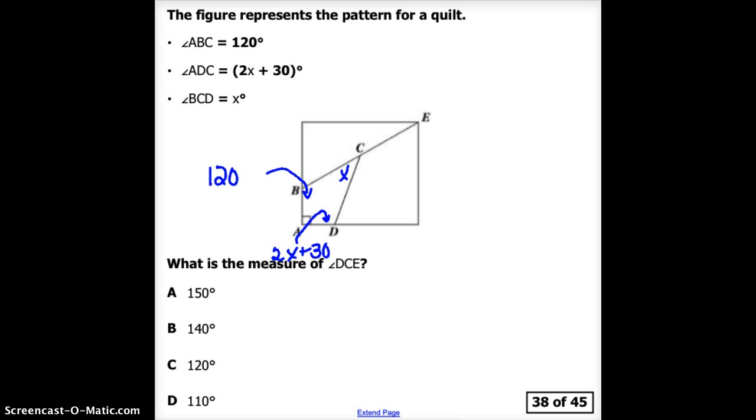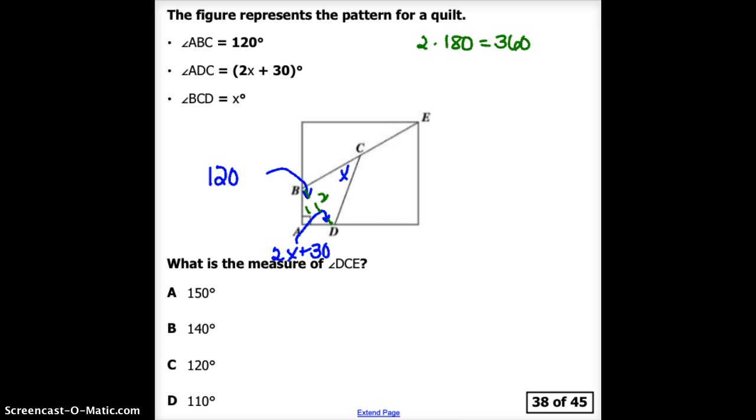It has 4 sides and it's going to add up to 360. But just in case I forgot, I could always split it into 2 triangles, and I would know that 2 times 180 for the number of degrees in a triangle is 360. Okay? So that's the other way to remember that.